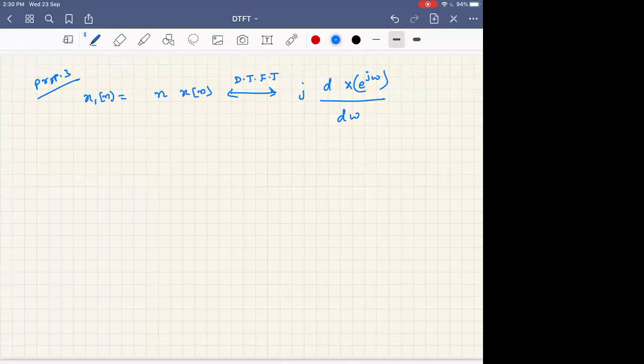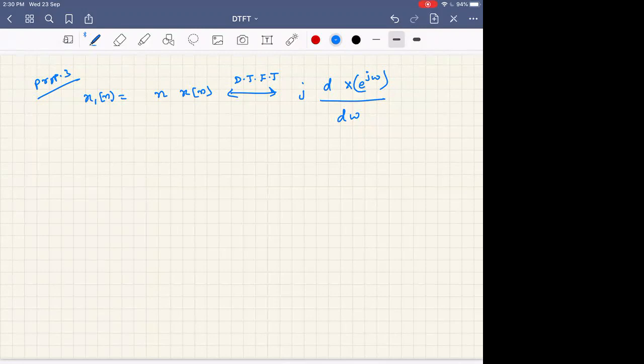Where should I start for deriving this result? By definition.